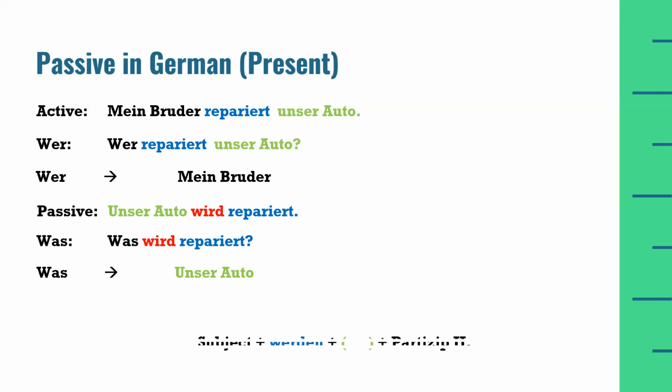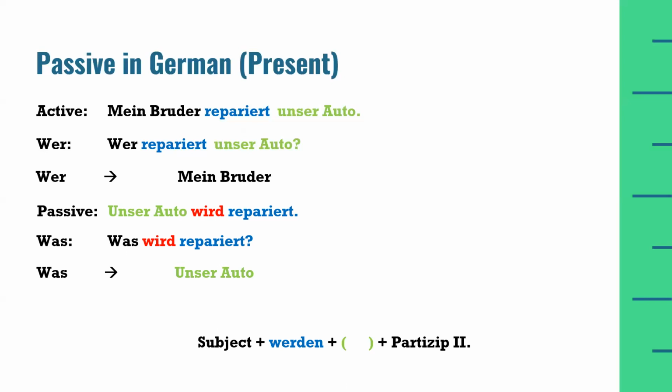Now let's have a look at the sentence structure that we have to follow in order to create passive sentences. At the first place in the sentence, we have to put the subject of the sentence. At second position, we use the werden verb, and this werden verb will be conjugated according to the subject of the sentence. Then we will use some additional information about the sentence if it is required.